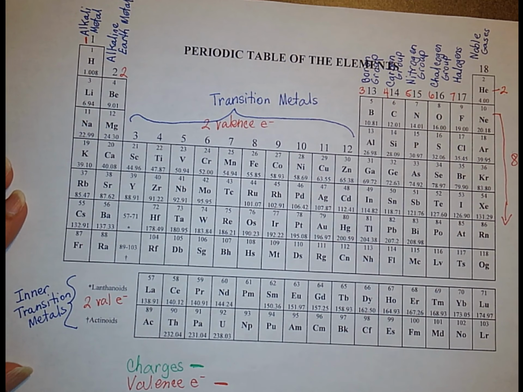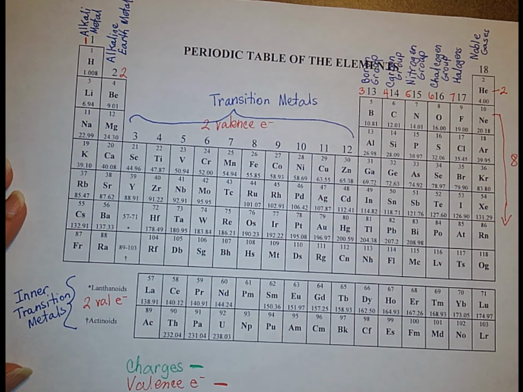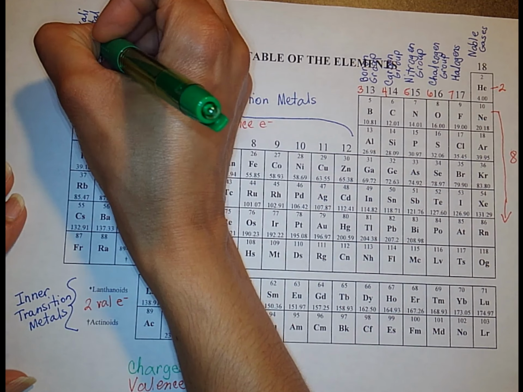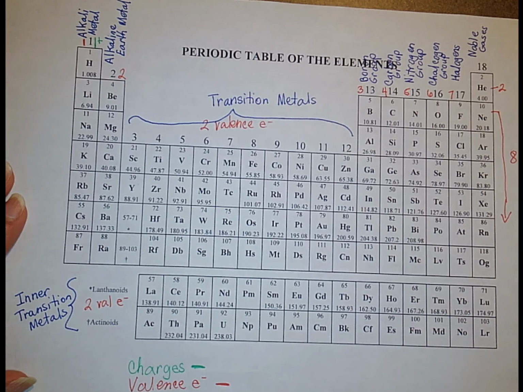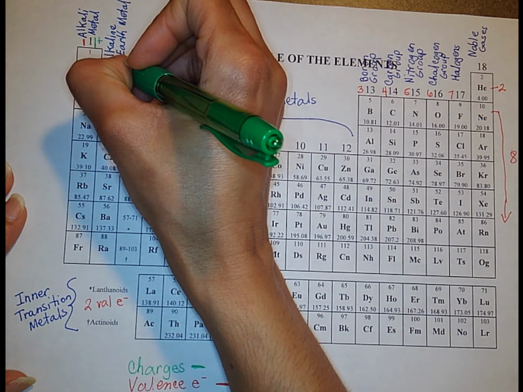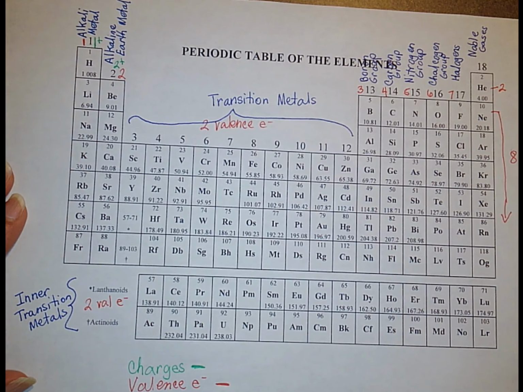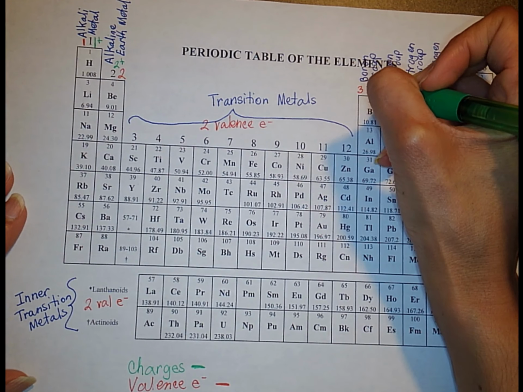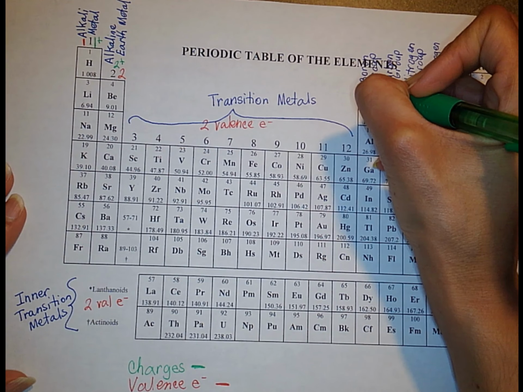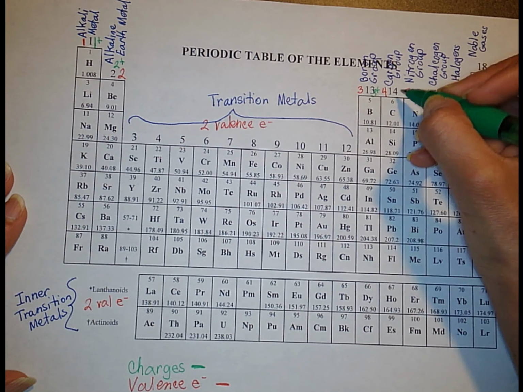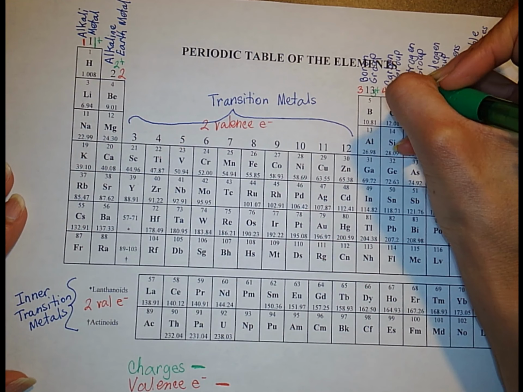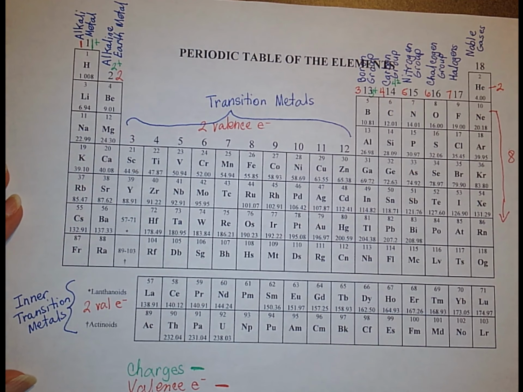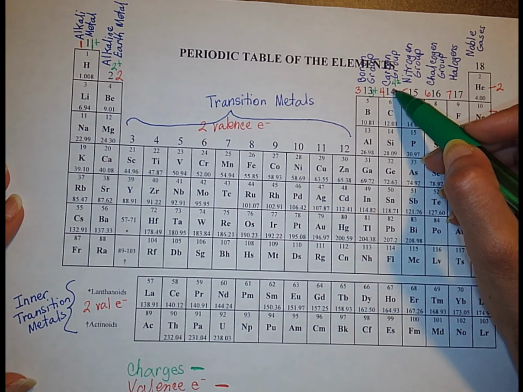Okay, now, as far as charges go, group 1 has a 1 plus charge. Group 2 has a 2 plus charge. Group 13 has a 3 plus charge. Group 14 now has a 4, but it's a plus and minus charge. So you want to write here a plus and minus.